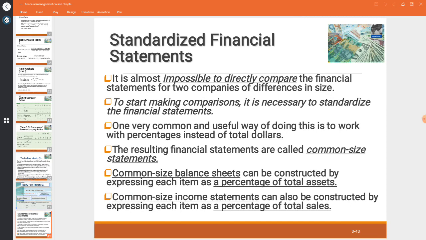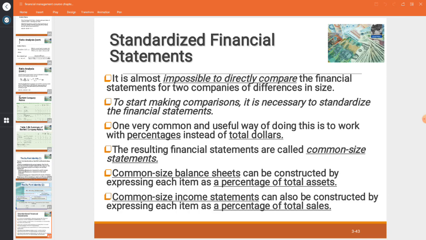The last section in this lecture covers a concept called standardized financial statements. Standardization is needed because in many cases it is very difficult to compare balance sheets in their real values, especially when comparing a big firm with a small firm.